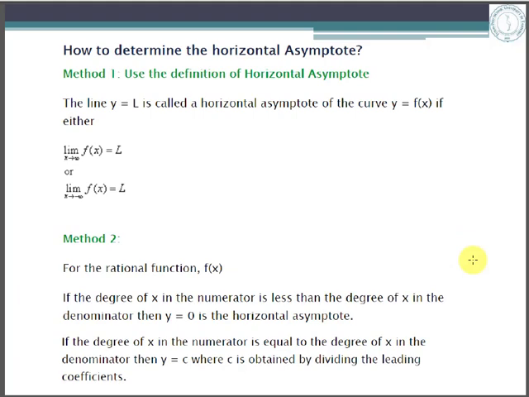And now let's move to the horizontal asymptote. We again have two methods of finding a horizontal asymptote.